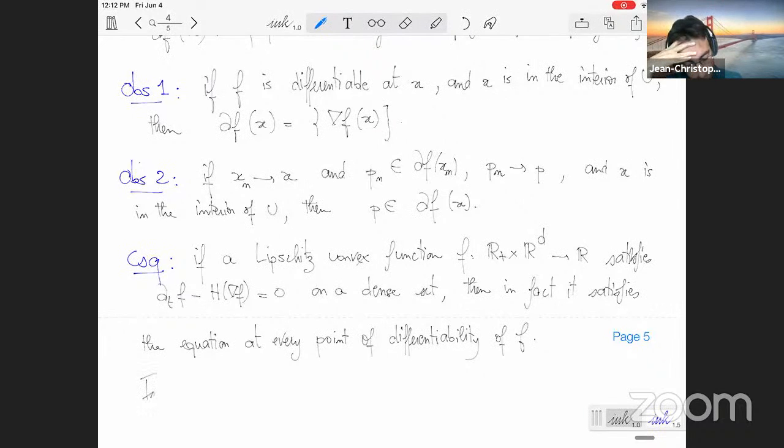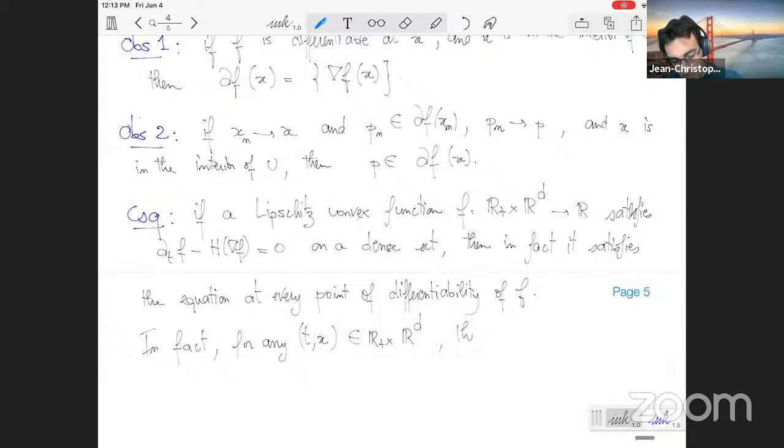And in fact, we have something even stronger, which is that for any (t,x) in R plus cross R^d, we can find some slope in the subdifferential at this point that satisfies the equation. So there exists (a,p) in the subdifferential at (t,x) such that a minus H(p) equals 0.